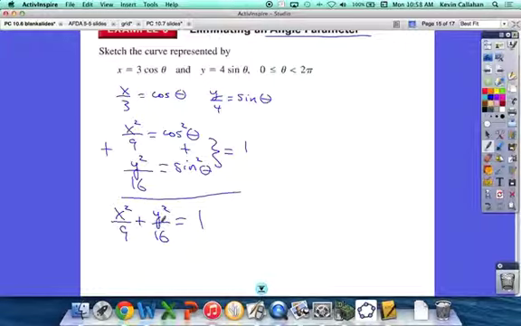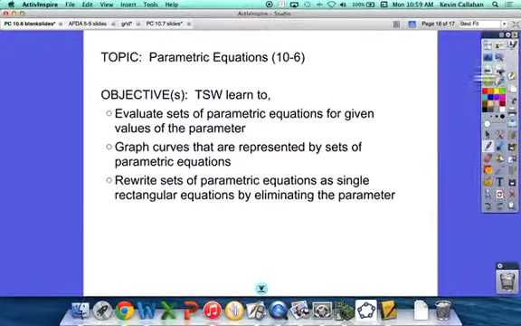So there's a couple like that, and you want to do the same thing. Isolate the sine and the cosine so you can square them and add them up. And when you square them and add them up, what do you get? 1. So let's see. We evaluated sets of parametric equations.